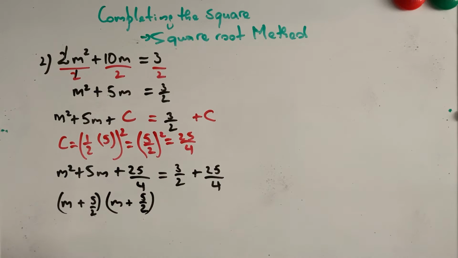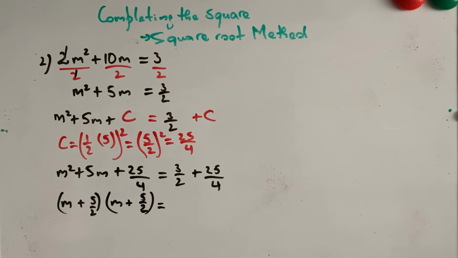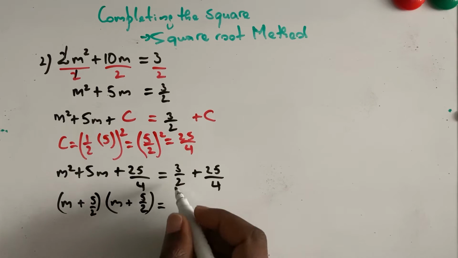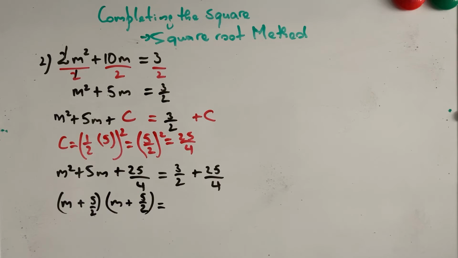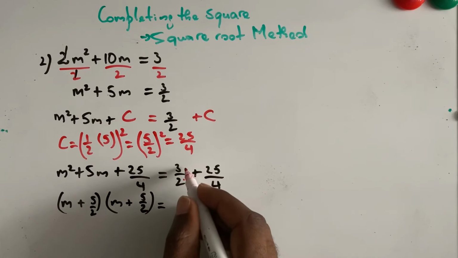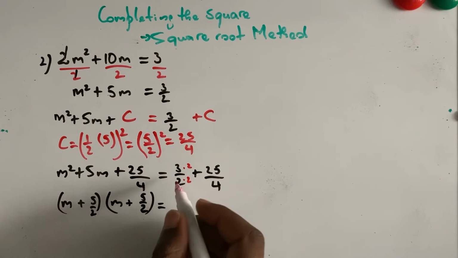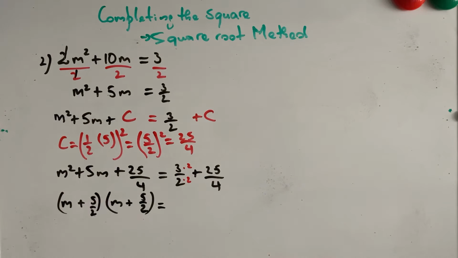So then you write here equals, here you can combine, you can put them together here. Remember, LCD here. Now, how to add fractions, I showed you in another video, so you should know. I need the LCD here, that would be 4, I'm saying. So I need this to be 4 as well.